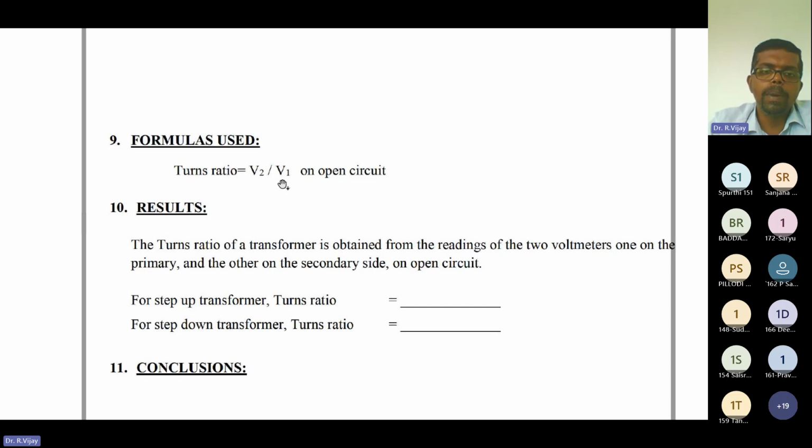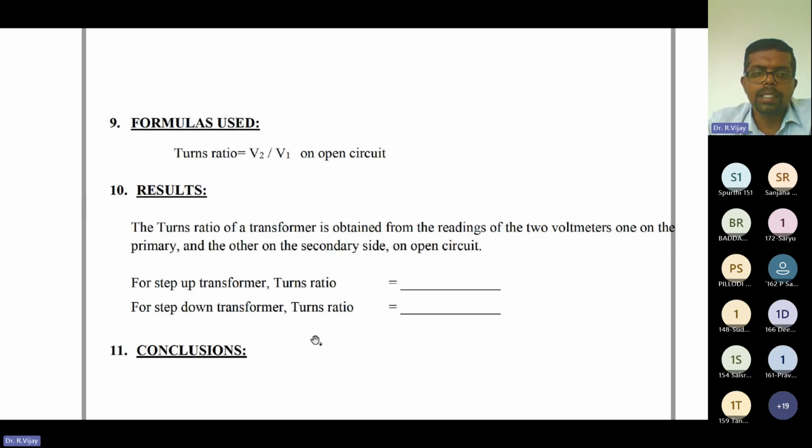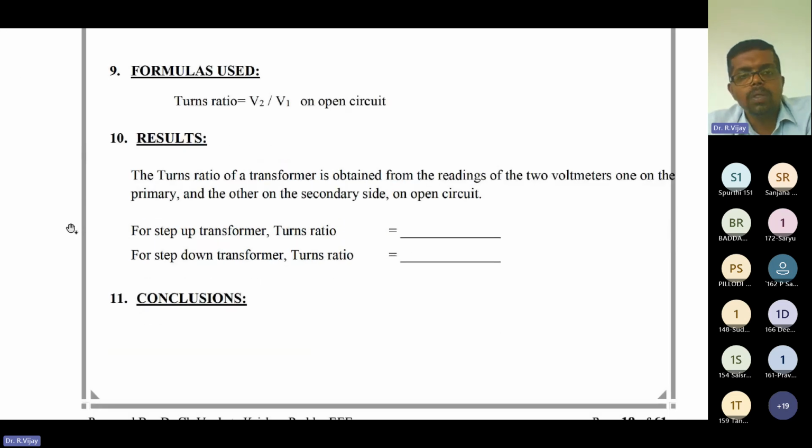For step up, you will get 1 by 2. Based on that, you need to write the conclusion. What is the conclusion? The turns ratio of the given transformer, step up or step down, is noted down like that.